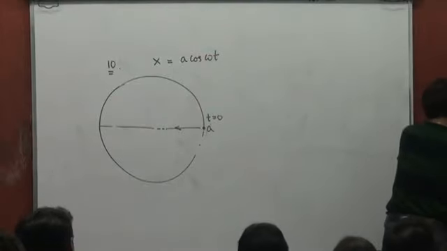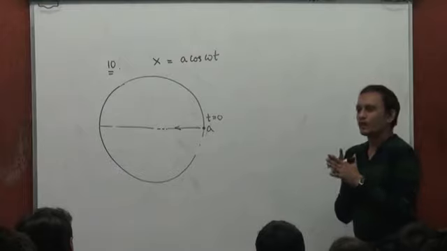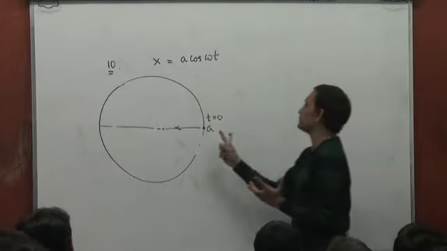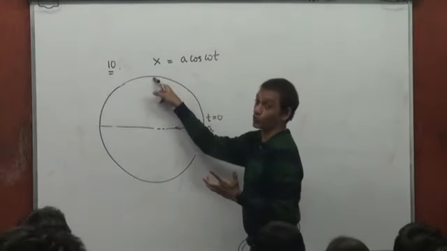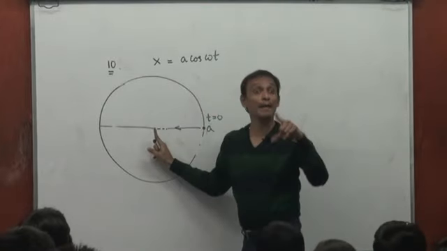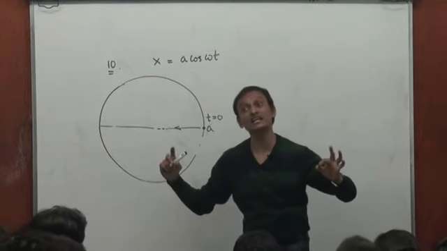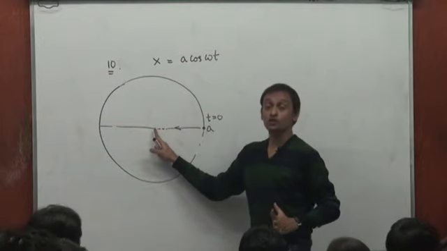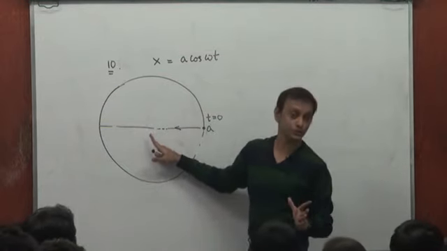Now, one thing: in a quarter of a time period, the auxiliary particle covers a quarter of a circle and the distance travelled is amplitude A. In every T by 4 seconds, starting from here, the distance travelled by the oscillator is going to be the amplitude.